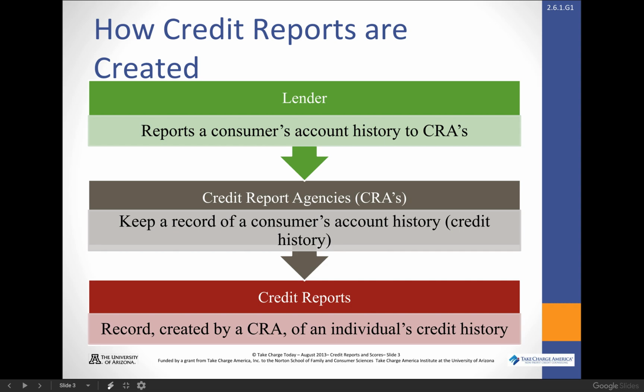They're each going to send a report of my borrowing history from them specifically to a singular CRA. So maybe this credit reporting agency is now receiving five documents on me from five different lenders. And they are going to keep that history.